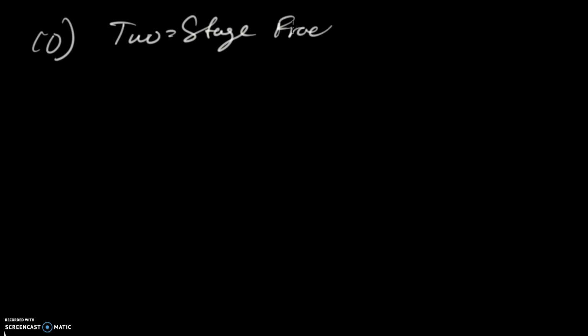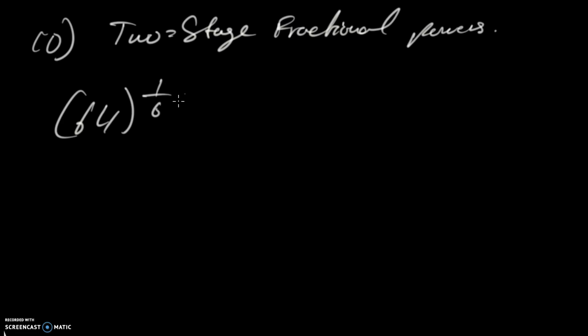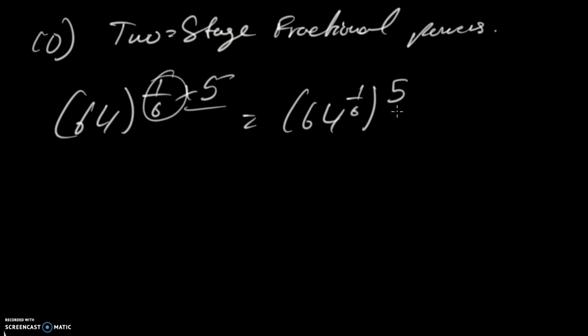So now let's go on to the last step, the 2-stage fractional powers. So let's say we have 64 inside our bracket, and outside we have 1 over 6 multiplied by 5. So first we want 5 on its own and 1 over 6 inside, so we can turn 64 into a fractional power, which we did in step 9. So this would turn into 64 to the power of 1 over 6, times by 5 outside.